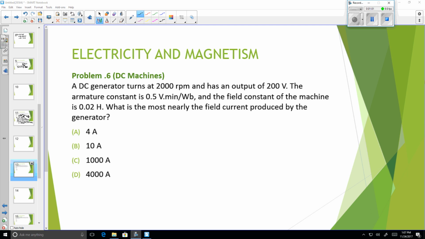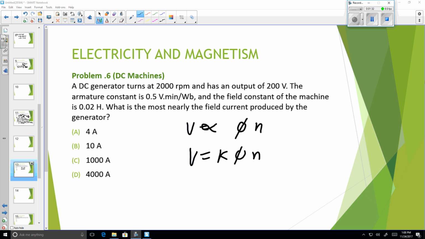That means the amount of voltage V induced in the armature winding is proportional to the magnetic flux produced in the field winding and the speed N of the armature winding, which means V equals K phi N, where K is the proportionality constant that depends on the construction of the machine.